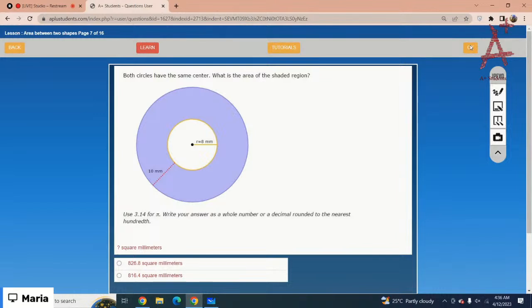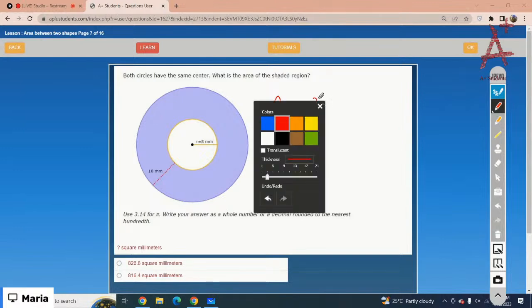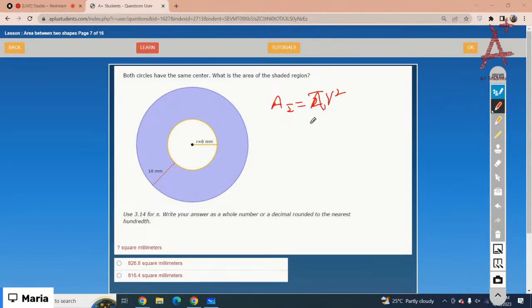If both of them have the same center, then the inner one has radius 8. Area of the circle is pi r square. Got it? 3.14 times 8 square.